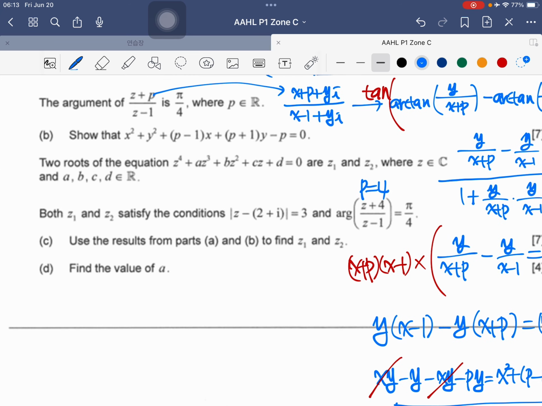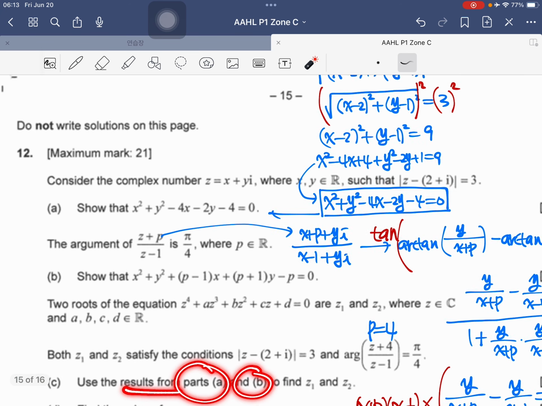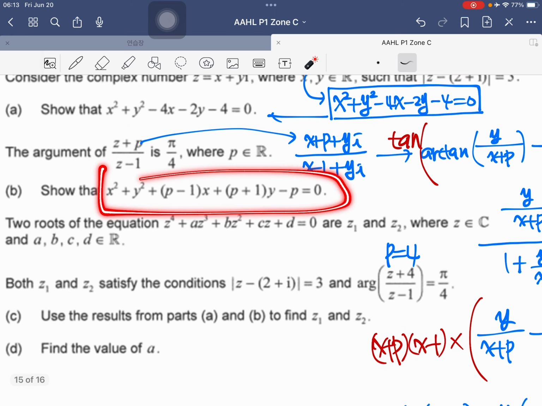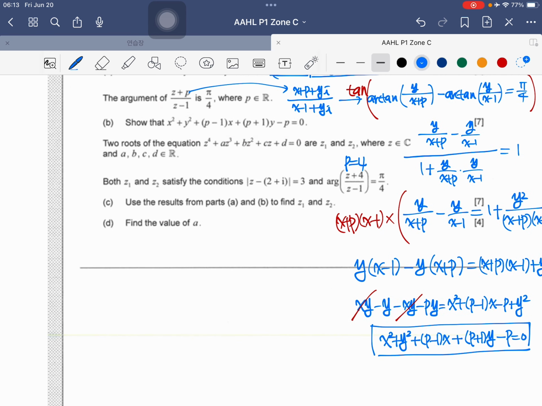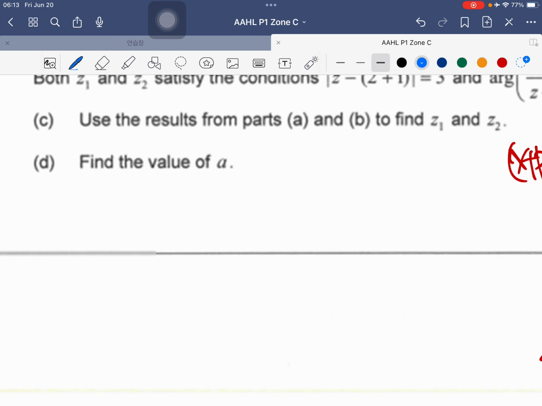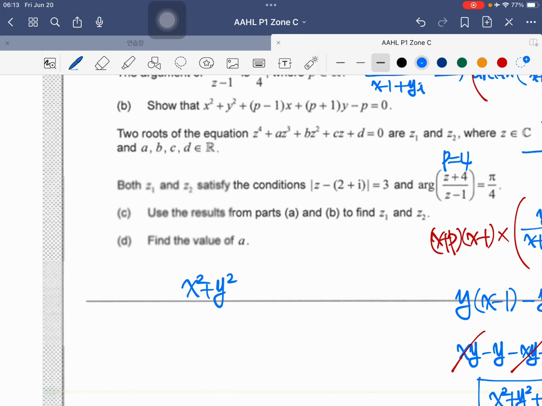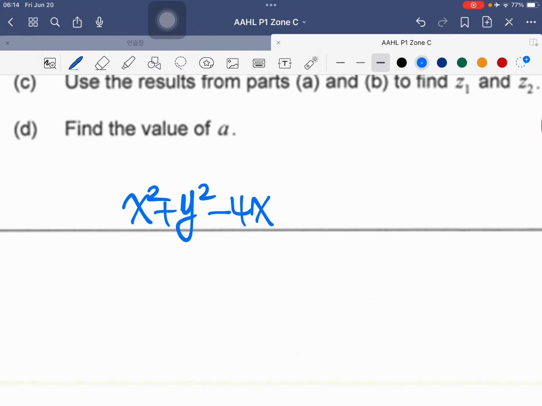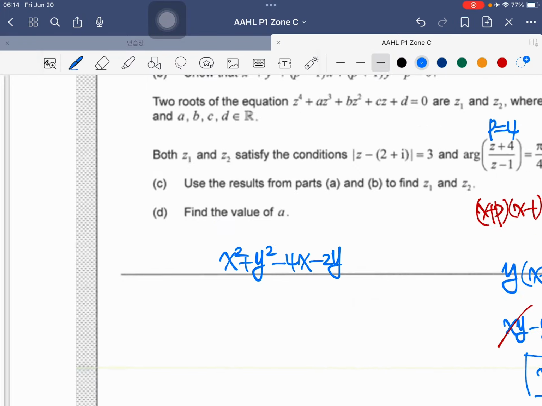So the results from part A and part B: the first result is this one, and the second result is that one when p is 4. So we can write it down. First result: x squared plus y squared minus 4x minus 2y minus 4 equals 0.